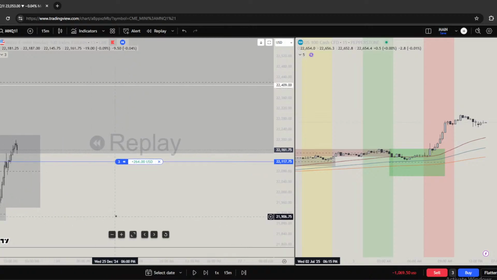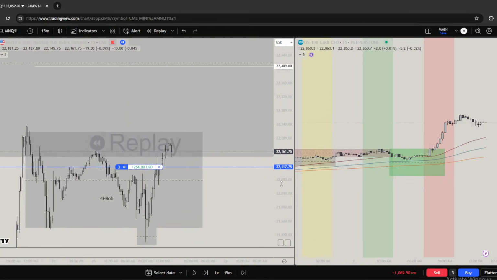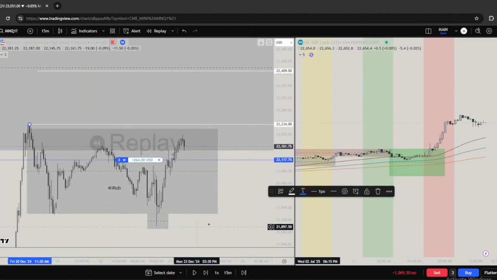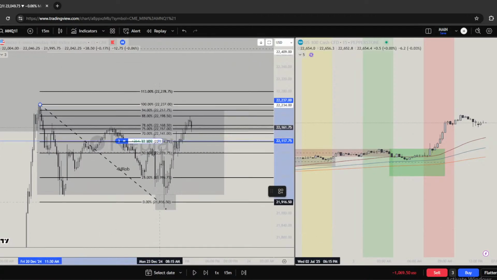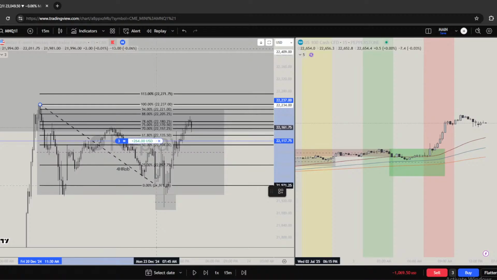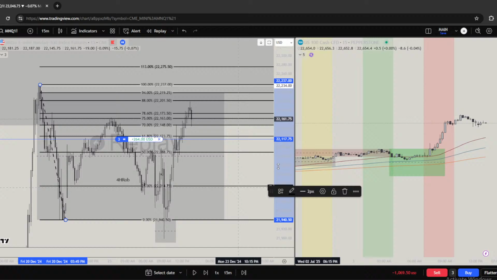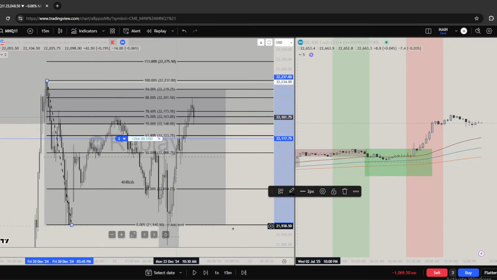Yeah, I know where it wants to go, but it's right back in the same spot. We're about to target these highs here. Yep, 100.